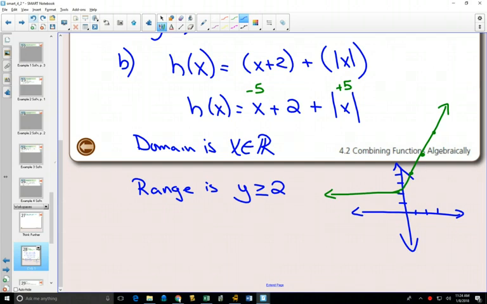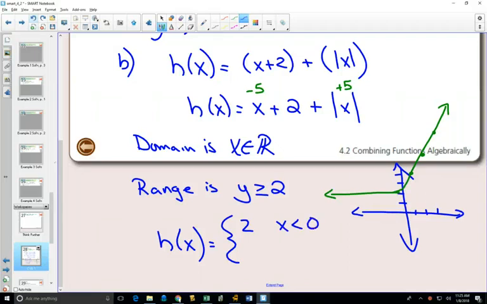Now, sometimes what people do in a situation like this is they say this graph seems to be 2 separate lines, 2 different parts. And it seems to equal 2 when x is less than 0.